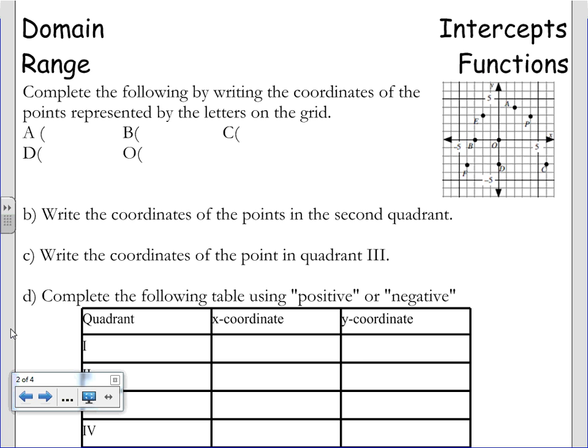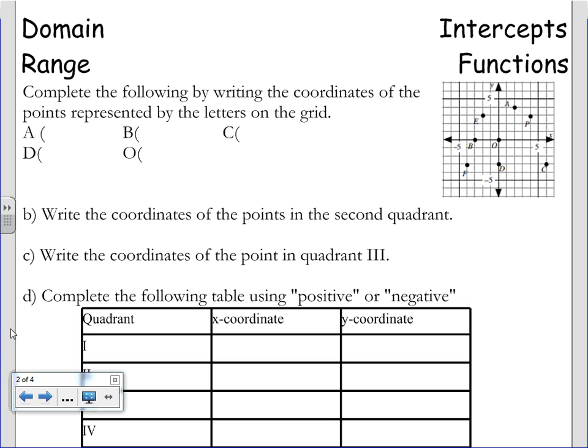Yeah, beautiful. So that means for quadrant 2, your x values would be negative. Your y's would still be positive. Switch to quadrant 3, and you have negative, negative, and switch to quadrant 4, and you have positive and a negative.